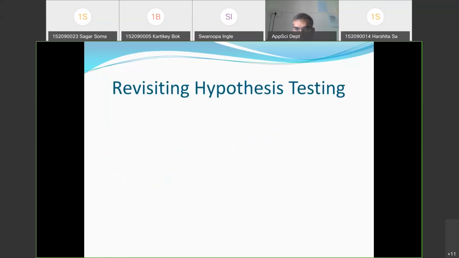So let us look at an example. With the help of an example, the source is same as yesterday. Source is same, Z Statistics YouTube channel. The nice person has visualized these concepts very well, so I am drawing on those visualizations to have a discussion. Before that, let us discuss hypothesis testing a little bit, because we use hypothesis testing in analyzing the regression output.